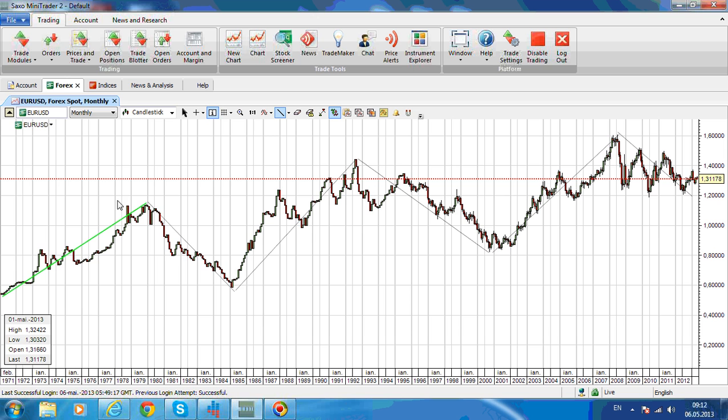If this is a bullish cycle and this is a bearish cycle, you should look for particularities in each cycle. For example, in here for the first move to the upside, look for things like how many periods.